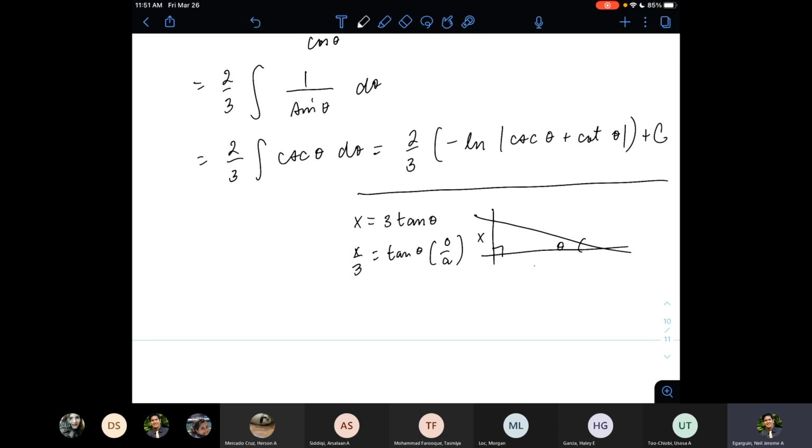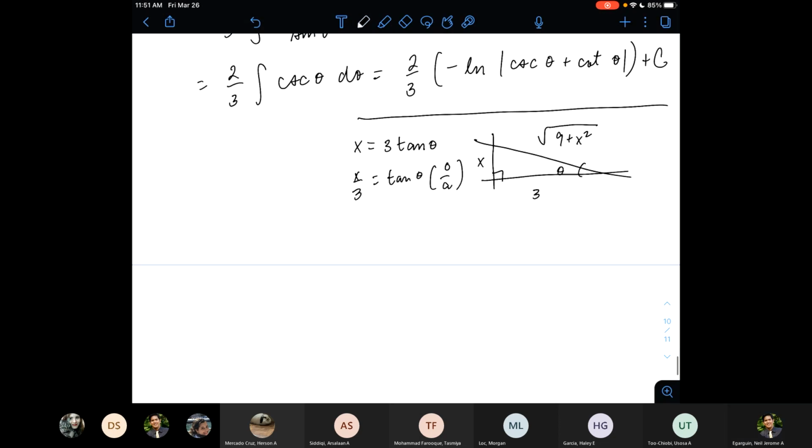So this should be x, this should be 3, and this should be the square root of 9 plus x squared. And so from there, cosecant is hypotenuse over opposite. So it's going to be the square root of 9 plus x squared over x, plus cotangent, which is 3 over x, plus the arbitrary constant c.